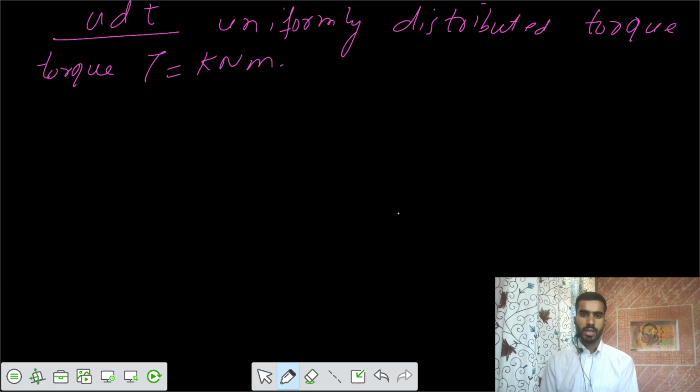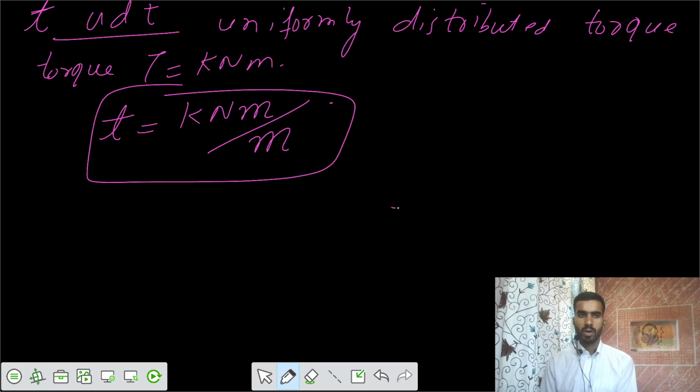If you have that UDT, let's say there is some intensity of T, small t, having unit of kilonewton meter, but it is acting per meter length. So this is the unit of that torque intensity, we can say.